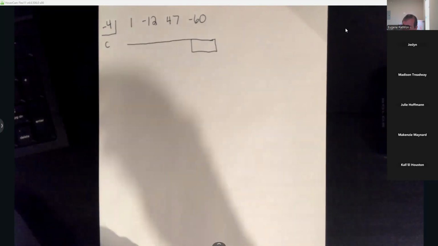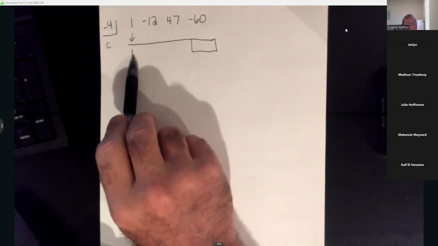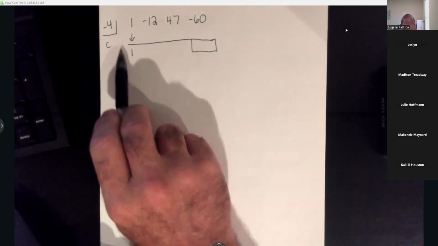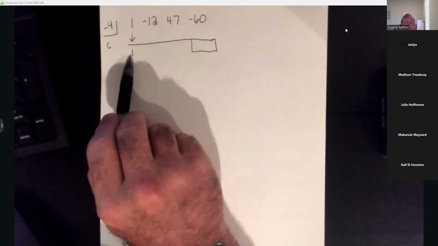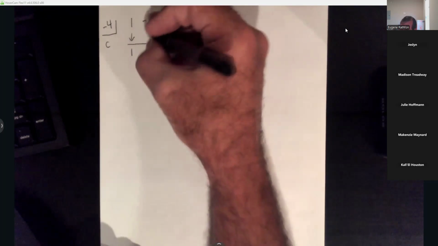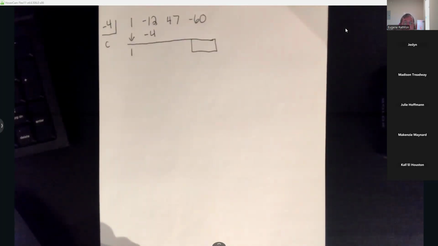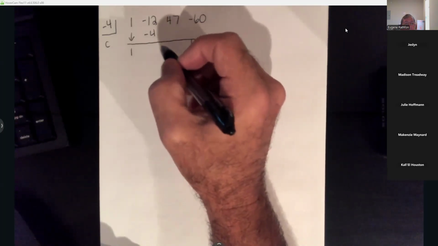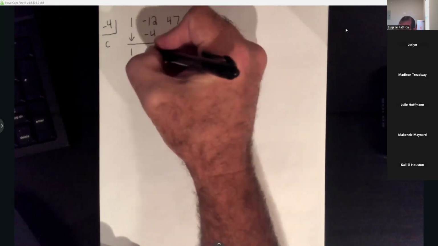All right, y'all, the same steps. Watch this. You're going to bring the first number down below the line. Now, since this number is below the line, we're going to multiply by C to get the next column. So 1 times negative 4 is a negative 4. You're going to add negative 12 and negative 4 to get the next number below the line, okay? So negative 12 and negative 4 give me a negative 16.